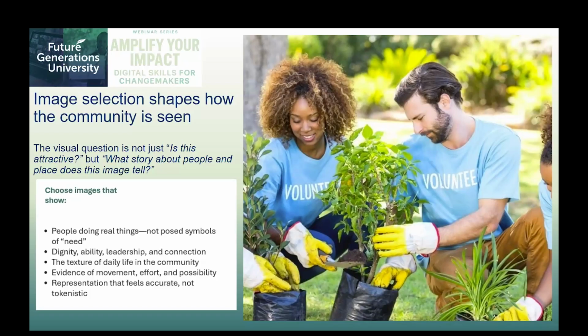Maybe that looks like volunteers helping clean up, or children trying vegetables that they haven't had for the first time. It could be a bunch of different things. Action doesn't necessarily mean people running a marathon or jumping up and down. It just means them doing something in their natural environment.